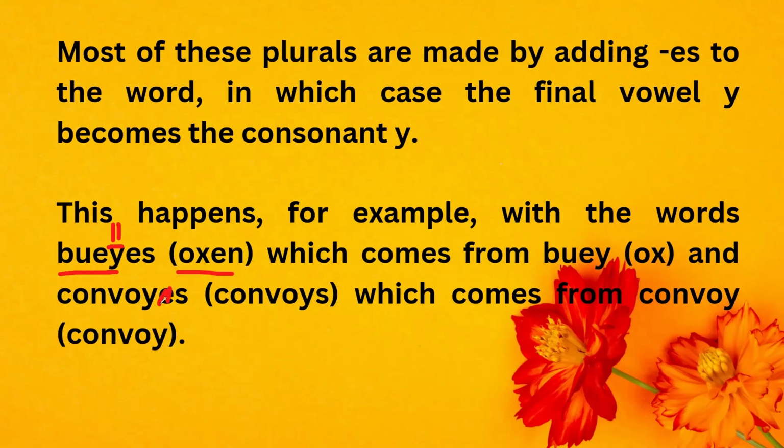And it's the same here. In singular, you have convoy. This one is Y. But when you have the plural, this one changes and it's convoyes. In this one, for example, this is bueyes, but this one is convoyes. Why is it different?